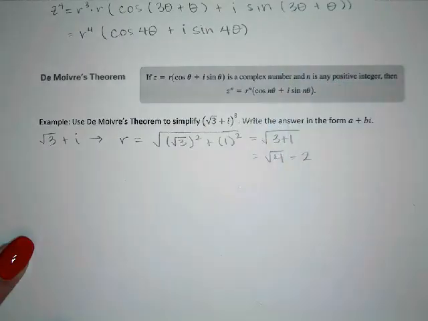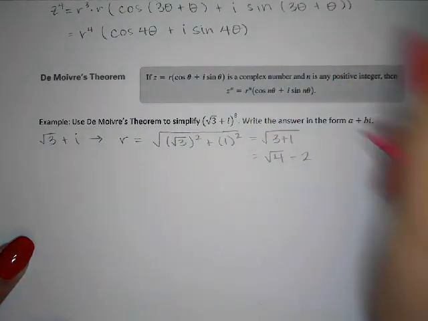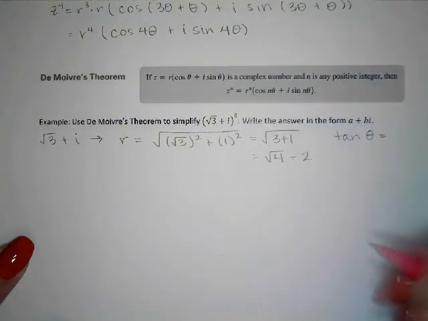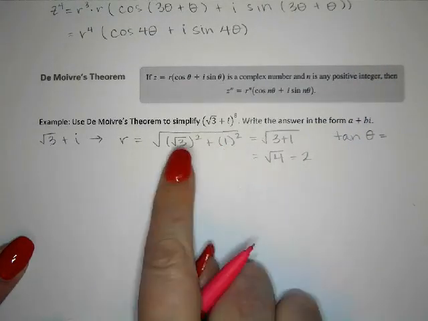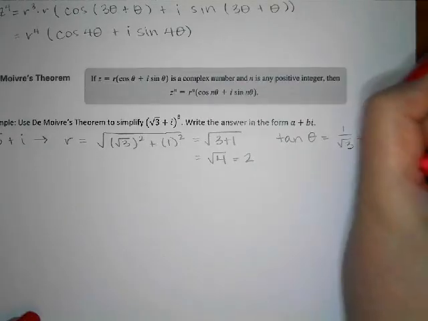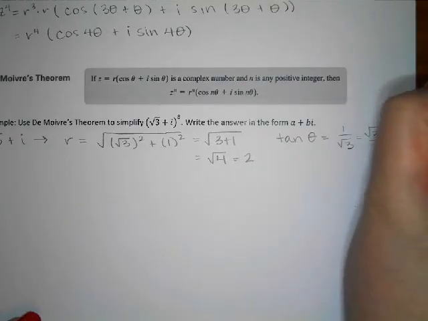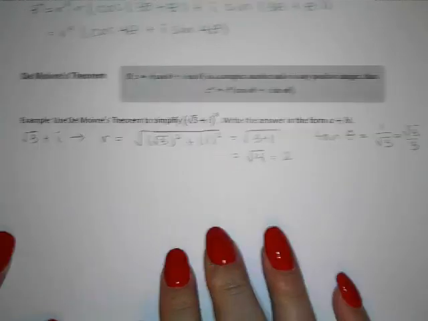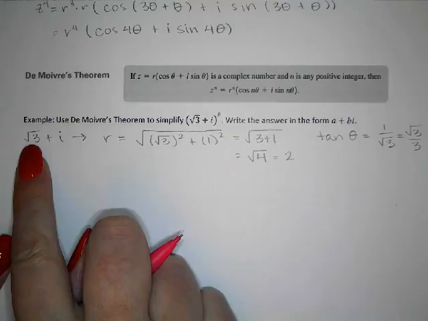So the modulus is 2. And then we have tan theta is 1 divided by root 3, which is the same as root 3 over 3. If we imagine graphing this complex number, it would be root 3 right, 1 up.